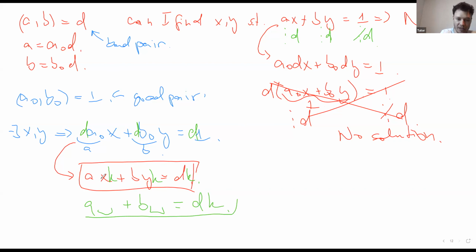So if I take A, combine it with something, and take B, combine it with something, I'm always going to get a multiple of D. I cannot get something that's not a multiple of D, exactly because of this reason. Look, this is a multiple of D, this is a multiple of D, so it means that this one needs to be a multiple of D too. So this needs to be D times k, and the very smallest thing it can be is D, right? D is the smallest number that's a multiple of D. So yeah, this is basically the general Bezout's theorem.